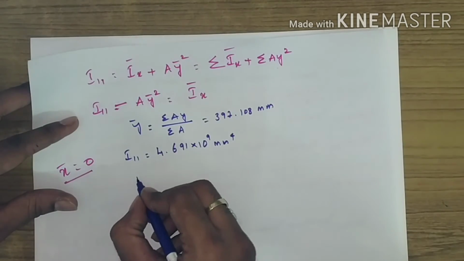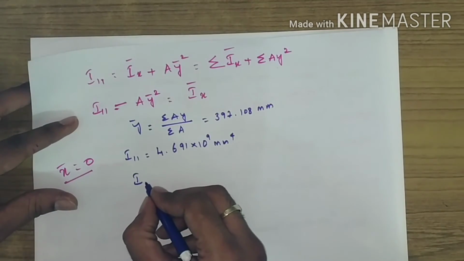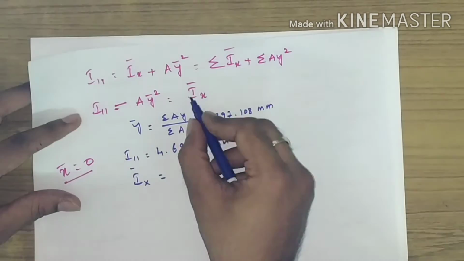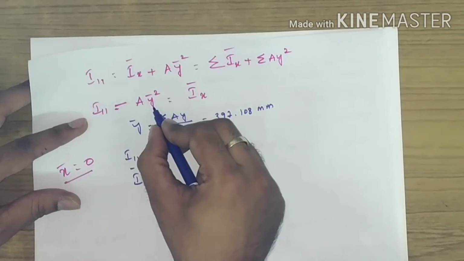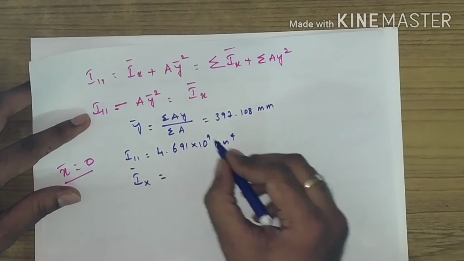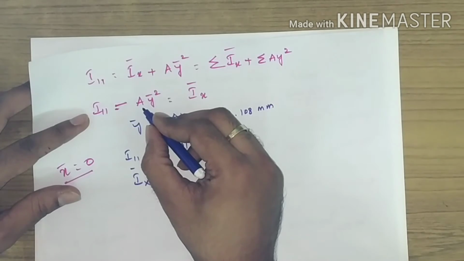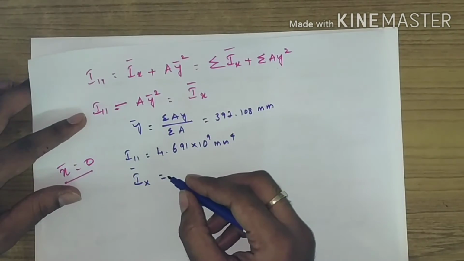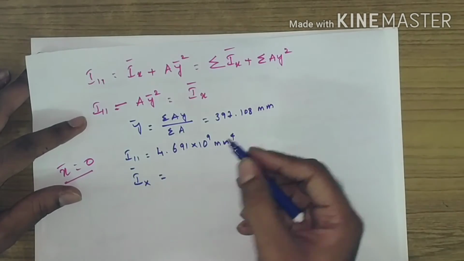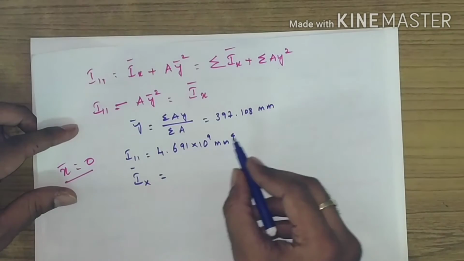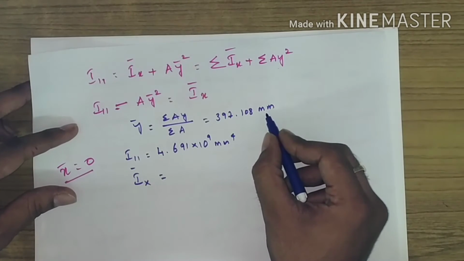And if you want I bar x, that is the centroid in the x direction, I x bar is equal to I11 minus A y bar square, right? I11 we have calculated, A is known to us, and A is nothing but the summation of all the areas, right? So area into y bar square. Y bar we have calculated to be 397.108.